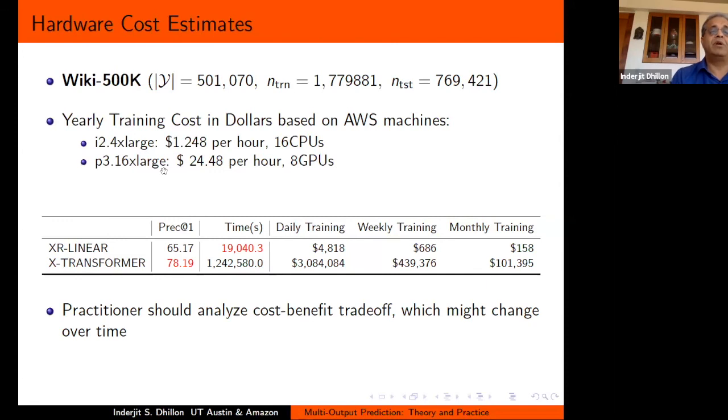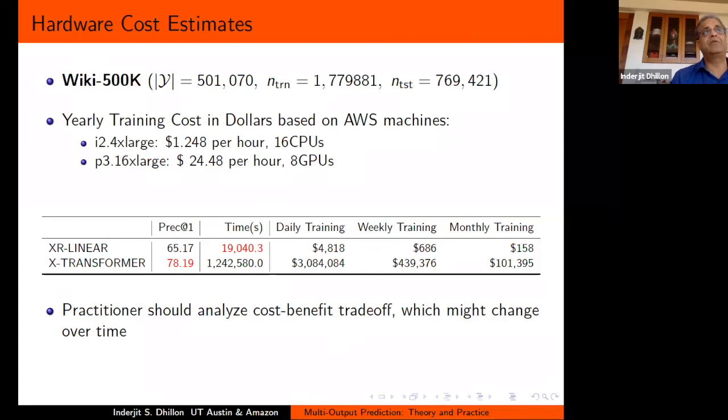And on this bigger data set, we can see that there is a substantial difference in performance. Precision difference is about additive 13%. But if we try and do training daily, the XR-Transformer actually costs over $3 million compared to XR-Linear, which is just $5 million.